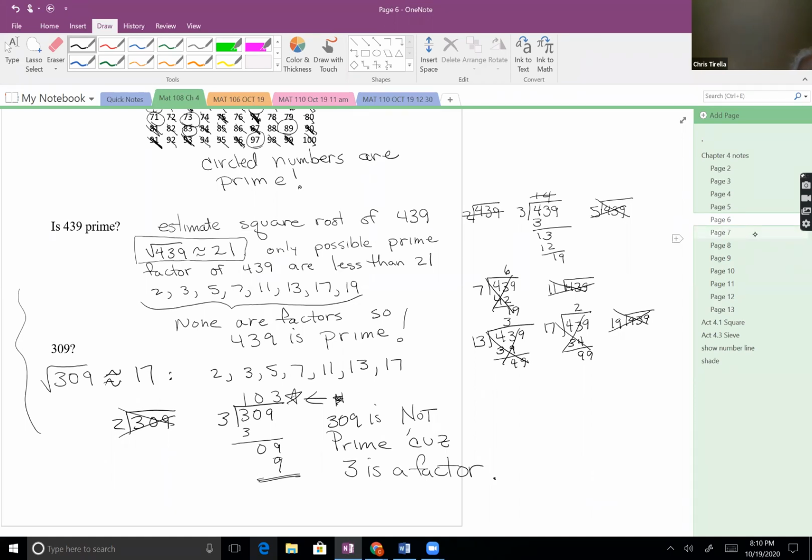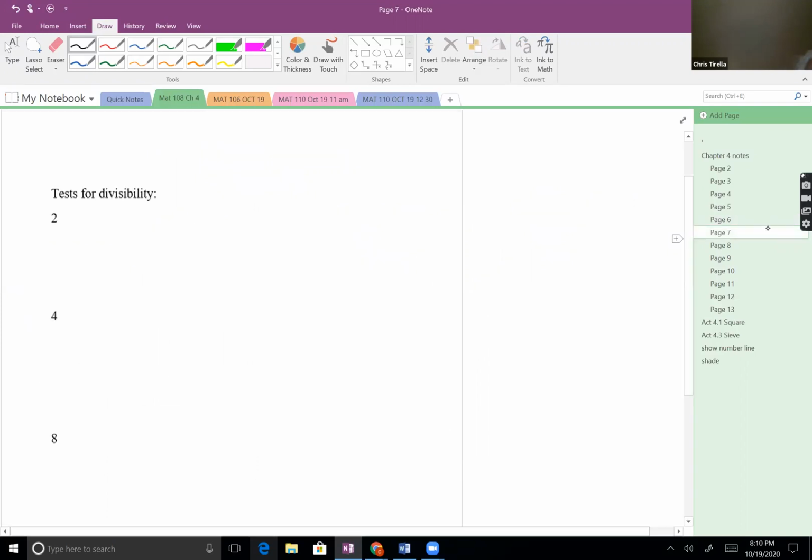I'd like to look at those tests for divisibility and then call it a night. And the reason that I'd want to add those tests for divisibility is because I think they'll make your life easier. So tests for divisibility.